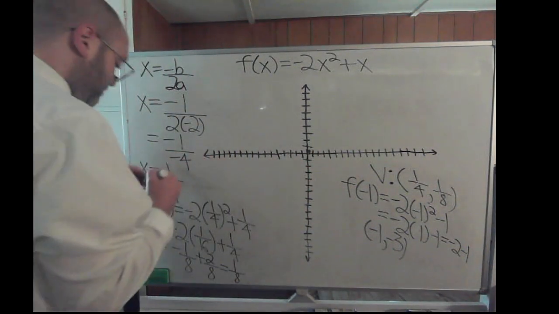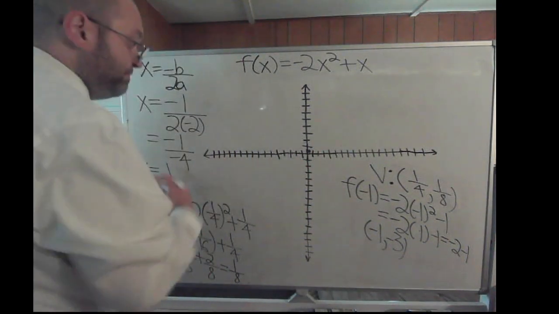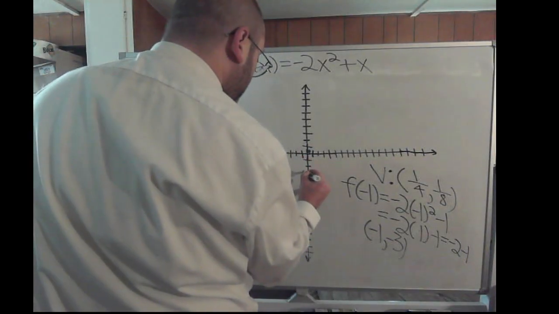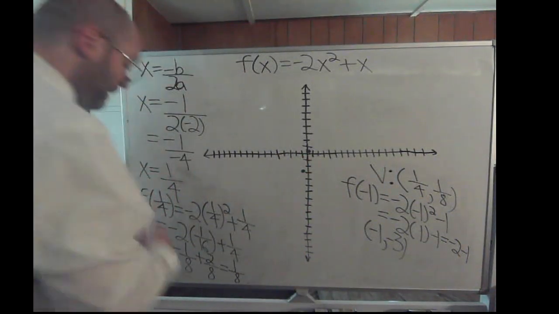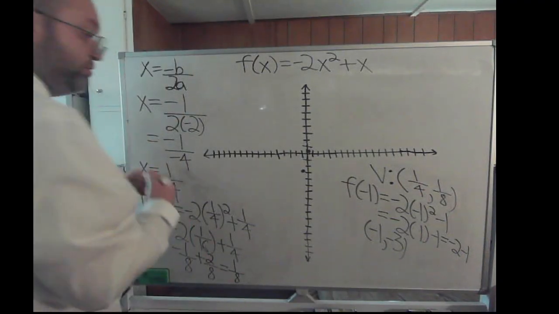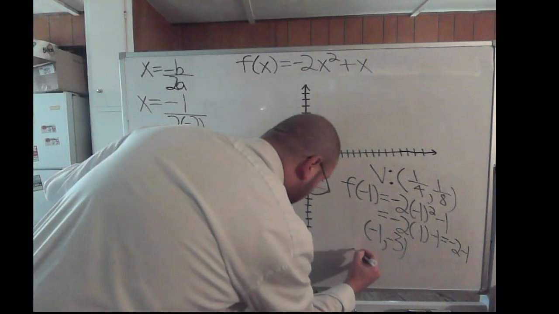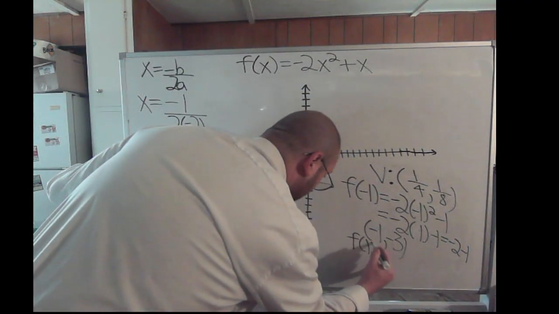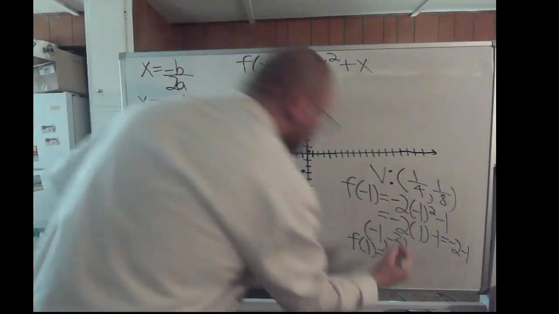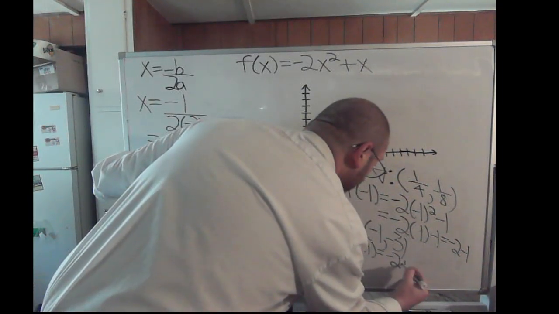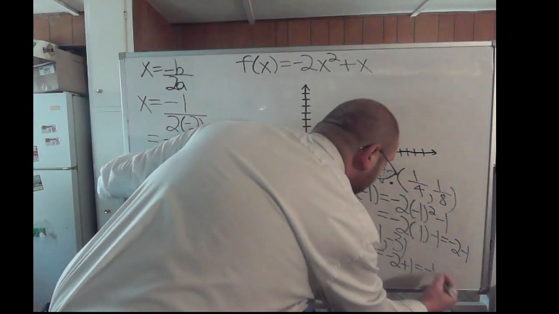So that works for a point on the graph, negative 1, negative 3. Now what if we put in positive 1? So f of 1 would equal, well, 1 to the second is 1. You'll just have negative 2 plus 1, which would equal negative 1.